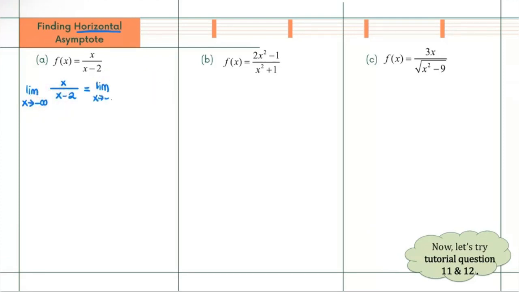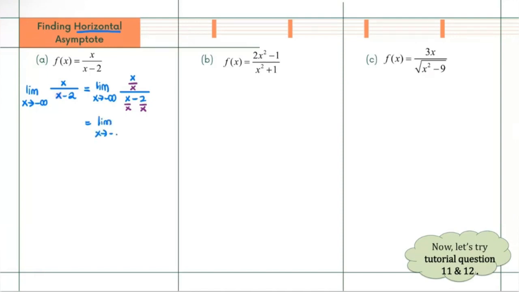Okay, so that is why the second step here is important. So I am going to divide with the highest power of the denominator. Apakah highest power of denominator? x. So atas dan bawah saya akan bahagikan dengan x. Okay. Now let's simplify our function.